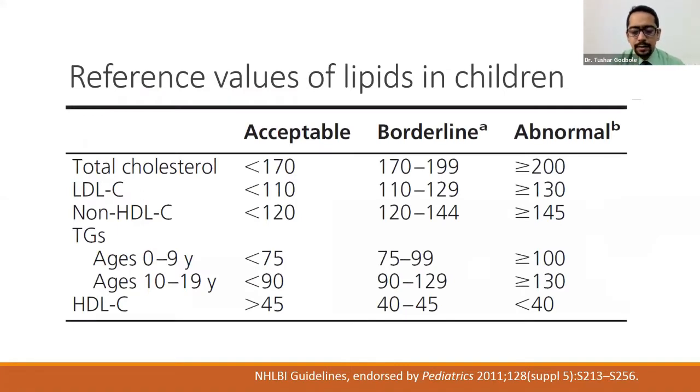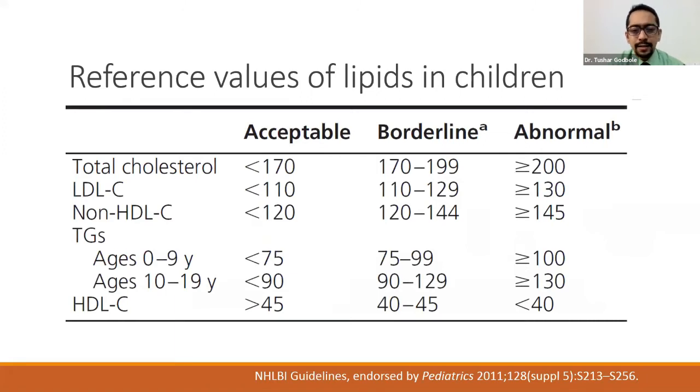What are the reference ranges given for the children? Please remember the definition of metabolic syndrome that we heard a few talks ago. You might be remembering that the triglyceride value mentioned there is 150 and above, but the normative references come from the NHLBI guidelines from the US.